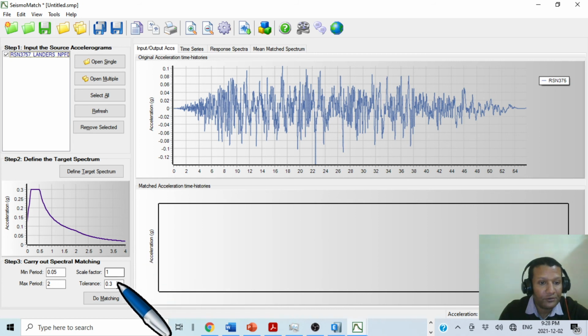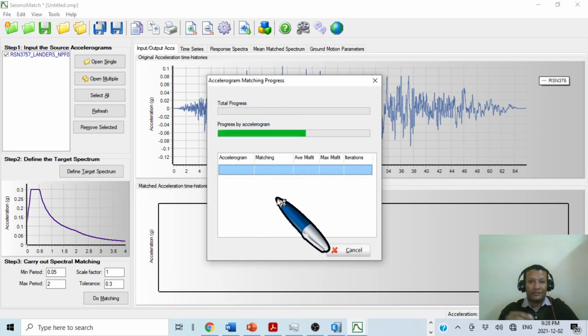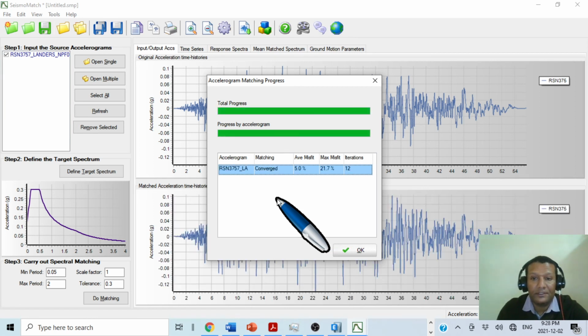Then you can say do matching, then it will start matching. Yeah, so once it is matched, it will show you here.